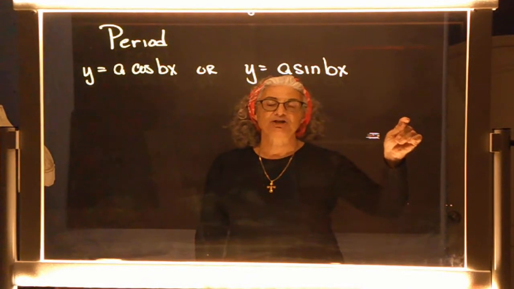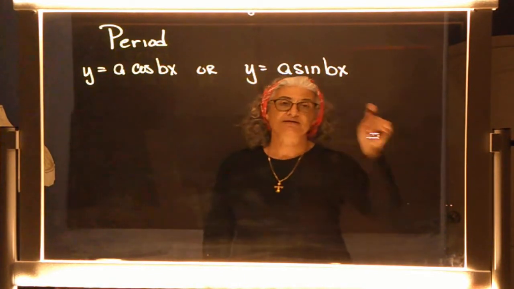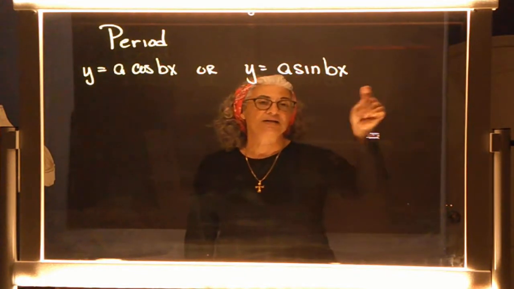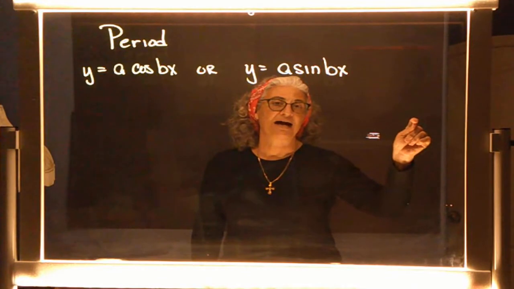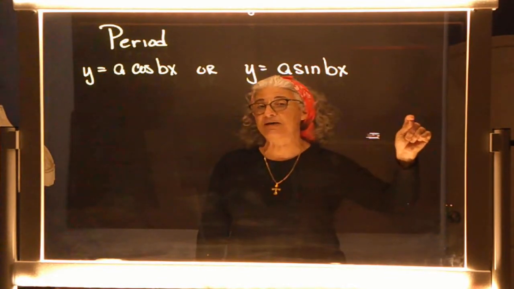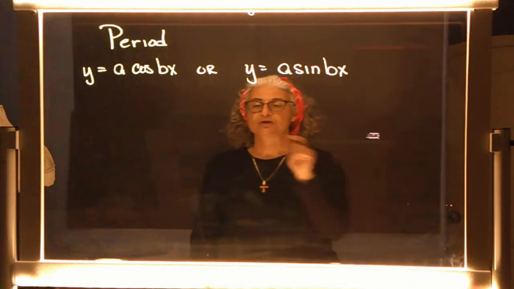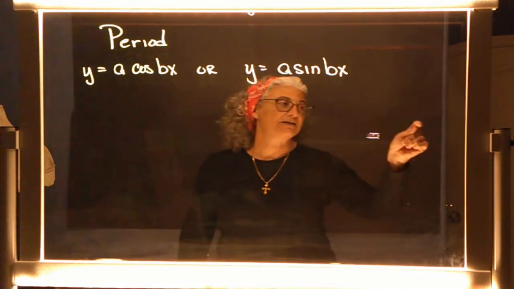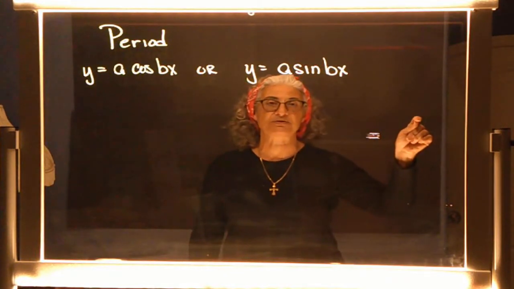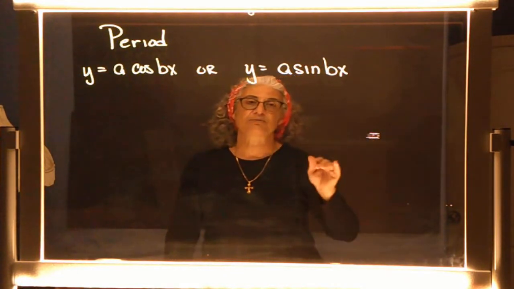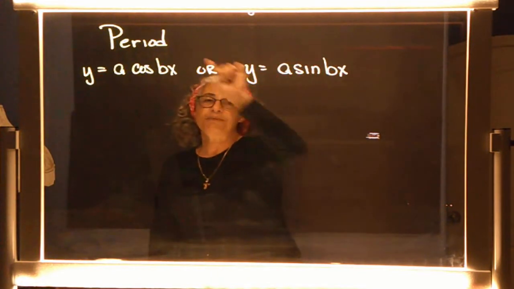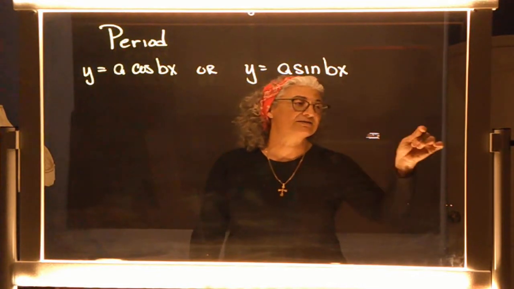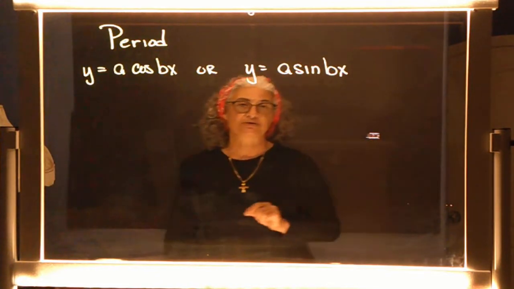Are you with me? So the period deals with angle, one full angle of a circle. When I start and end, how long is that in radian measurement? So, period deals with the length in radians of one full rotation around the circle. I'll say it again because some of you are going to write that down. When you talk about the period, that is the length in radians of one full revolution around the circle.